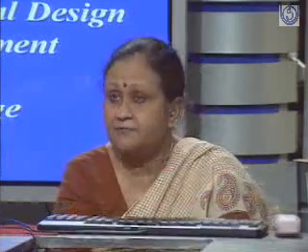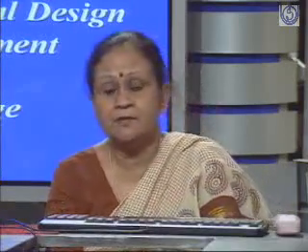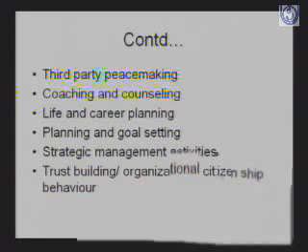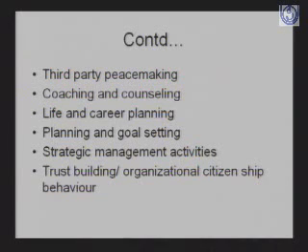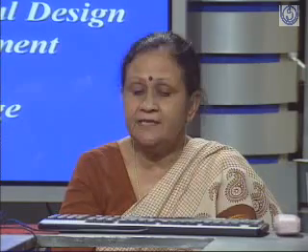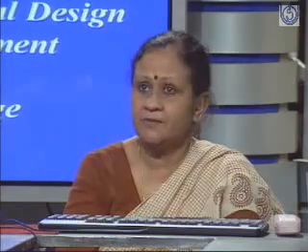Then we have life and career planning. This is another important intervention, because after some time one starts asking the question, what am I doing here? How is my life going to be supported and enriched? So there you need to tell the person what the future prospect is. This is an intervention.